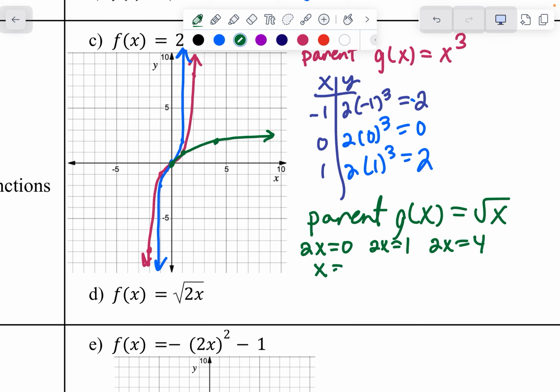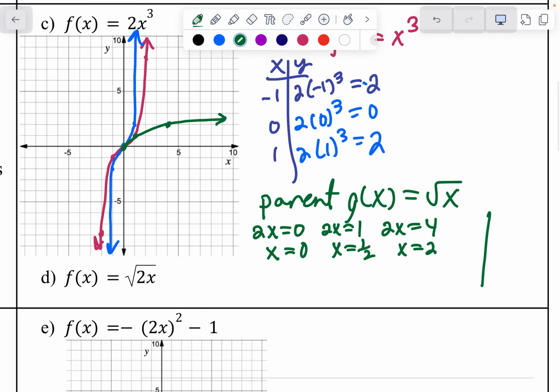So that's going to be 0 divided by 2, 0. 1 divided by 2, 1/2. And 4 divided by 2, or 2. So if I were plugging into this function, I would plug in 0, 1/2, and 2, because those are going to give us the perfect squares.